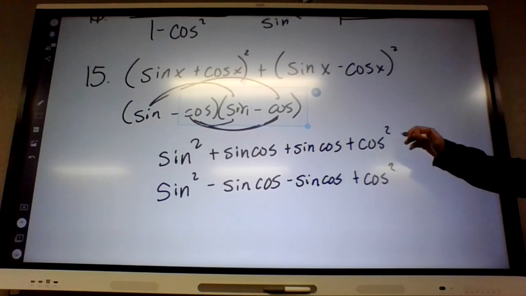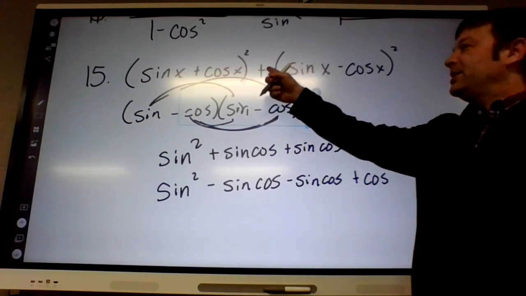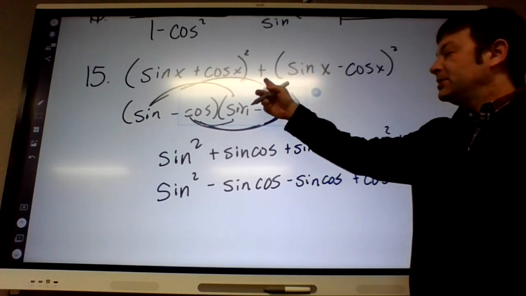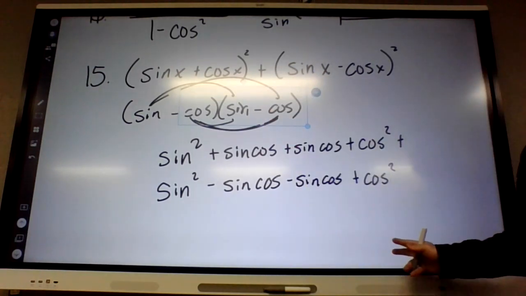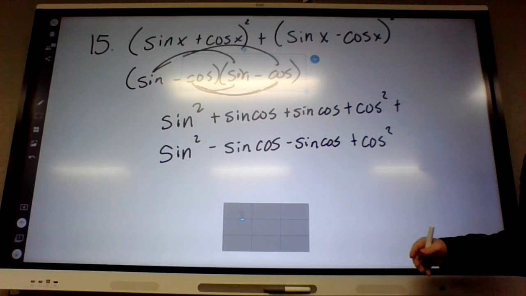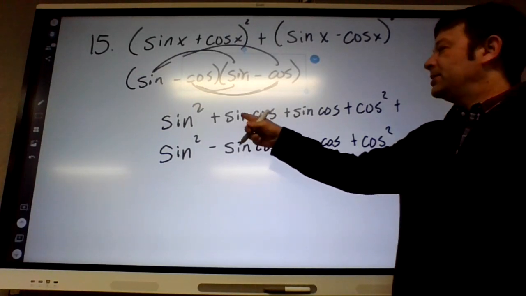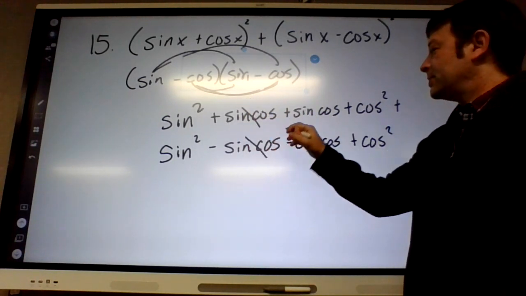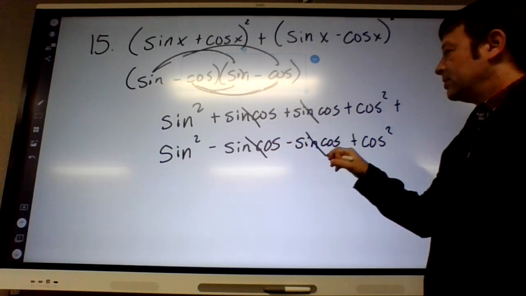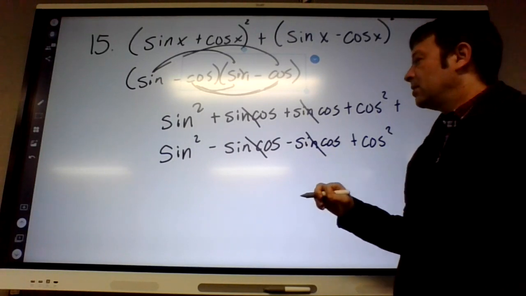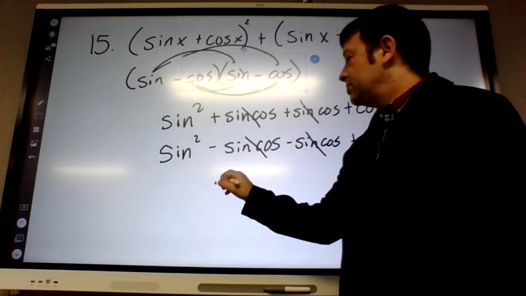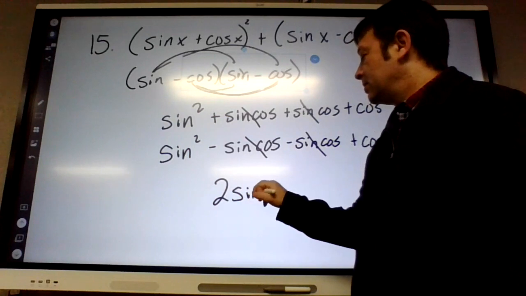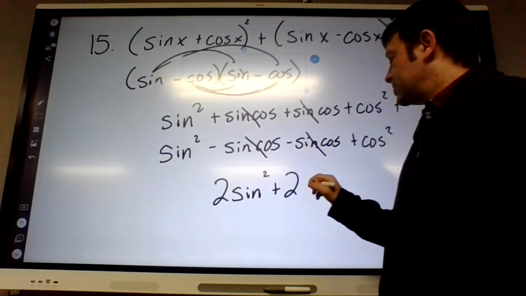Now all of these things are just added together. We're not multiplying like the other problems. So what's going to happen if I just try adding all this stuff? The minus sine cosine and plus sine cosine cancel out, right? If we're adding. What else? 2 sine squared plus 2 cosine squared.